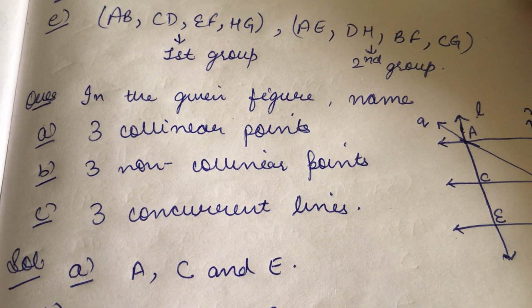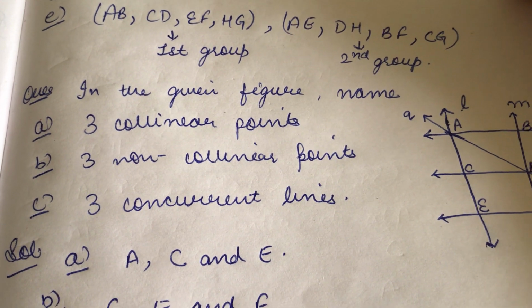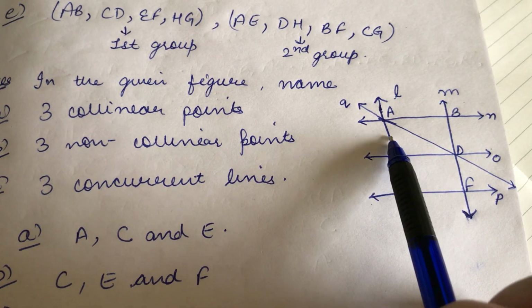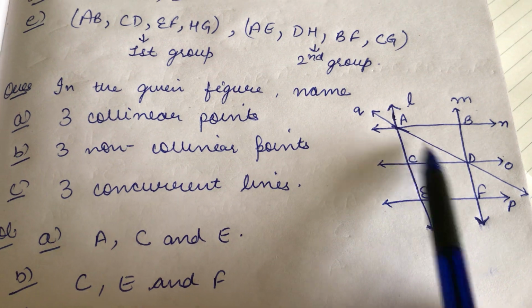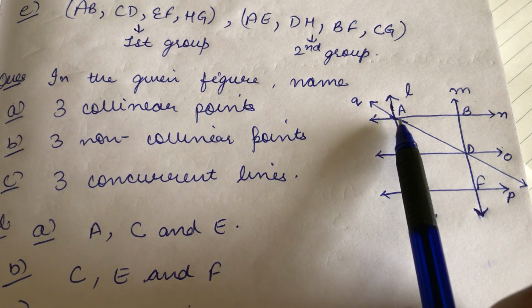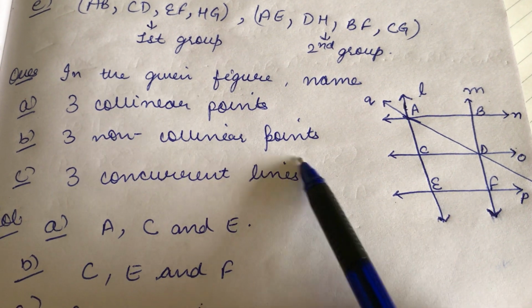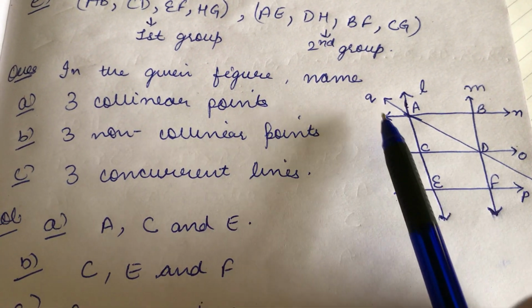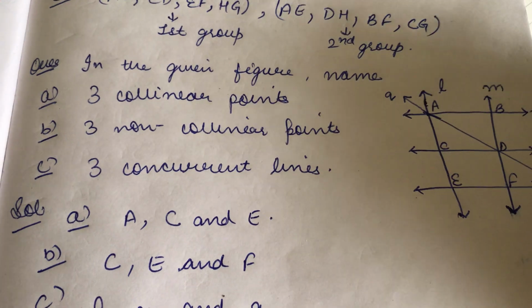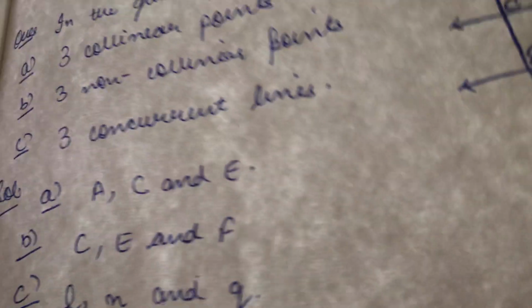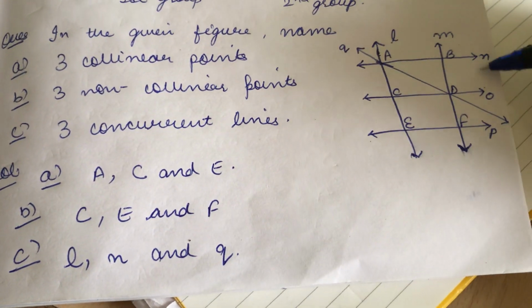Next is, in the given figure, name three collinear points. Now you can see here A, C, E. They lie on one line, so they are collinear. Three non-collinear points: A, D, F, or A, C, F. So all are non-collinear.